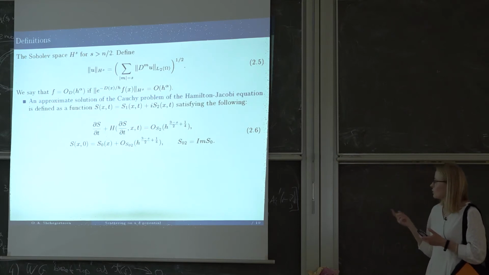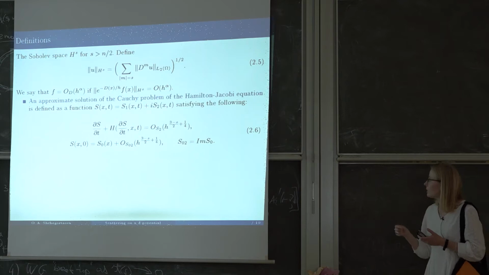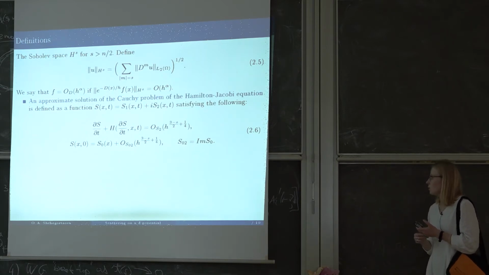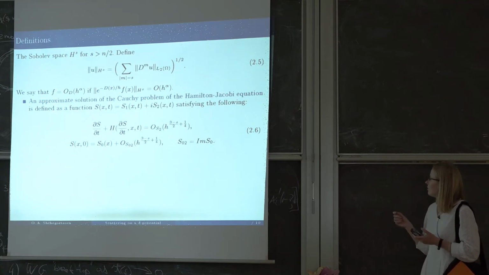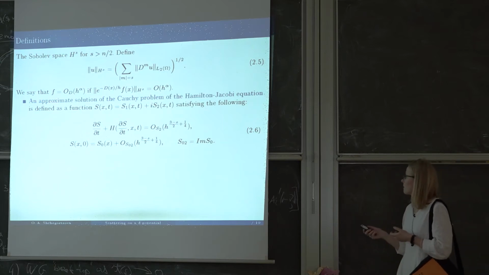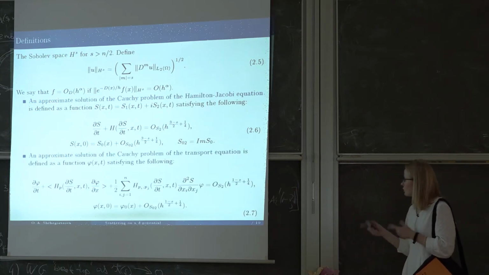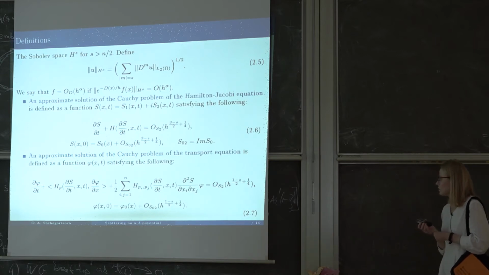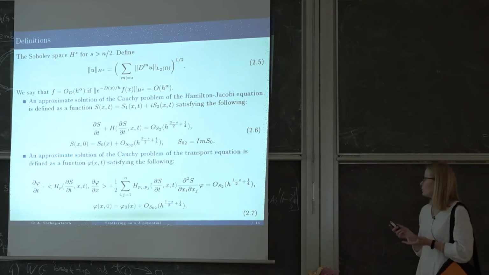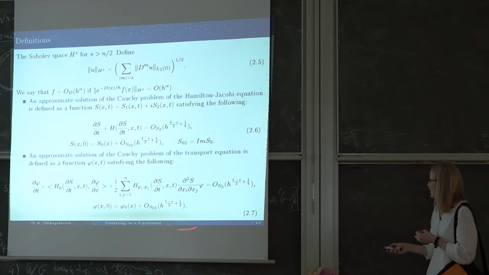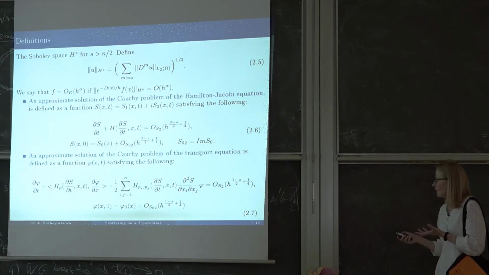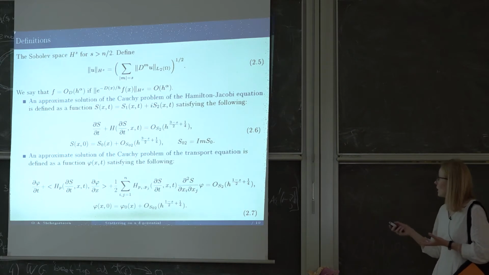The first is the definition of an approximate solution of the Cauchy problem for the Hamilton-Jacobi equation: if the phase satisfies the following equations, we will call it an approximate solution. Also for the Cauchy problem for the transport equation: if these estimates are true, then it is an approximate solution. These terms I will use.